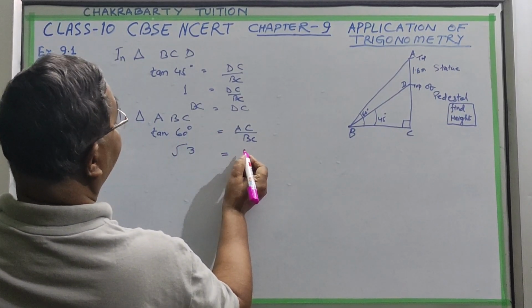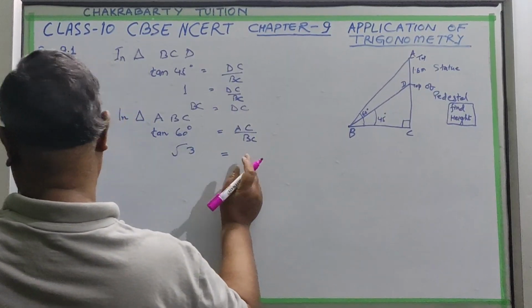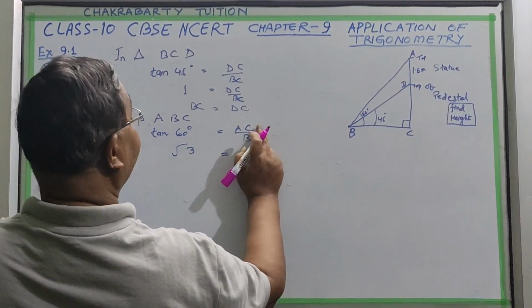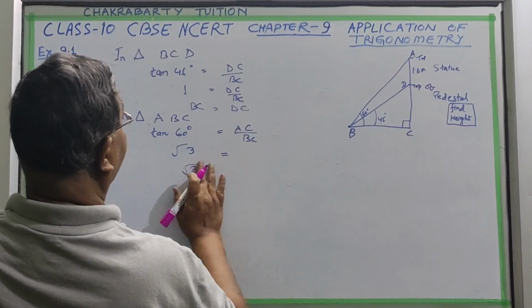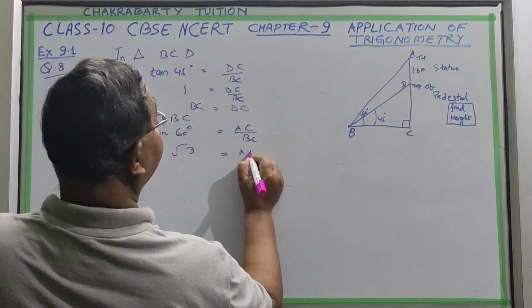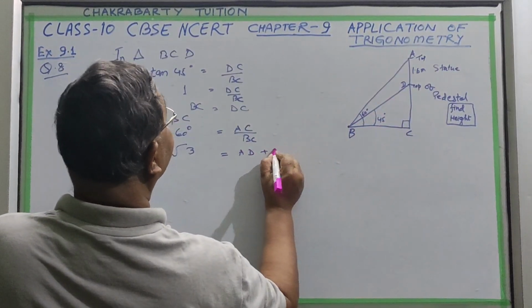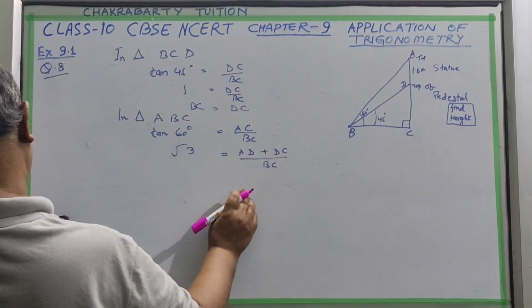So this AC we can break, under root 3, and AC is equal to AD plus DC, upon BC. Okay.